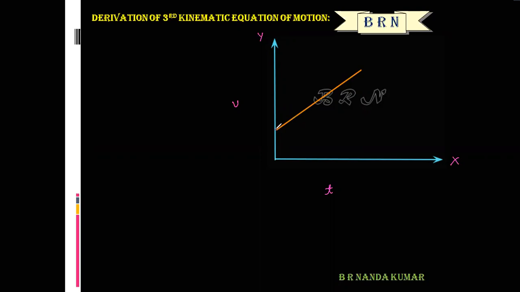Let us consider two points on a straight line, A and B. This is the origin O. OA represents the initial velocity of the particle, right?